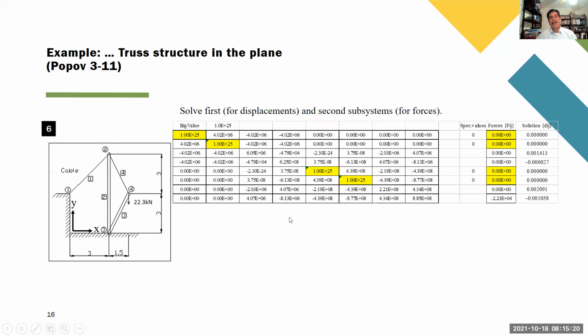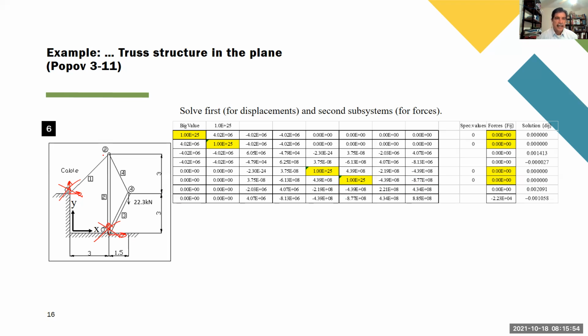Okay, so right now, we recognize that joint 1 and joint 3 are simply supported. So joint 1 cannot move in the X or in the Y direction. Similarly for the third joint. So this point here cannot move in that or in that direction. This point here doesn't move in that or in that direction. That's what we have to solve.